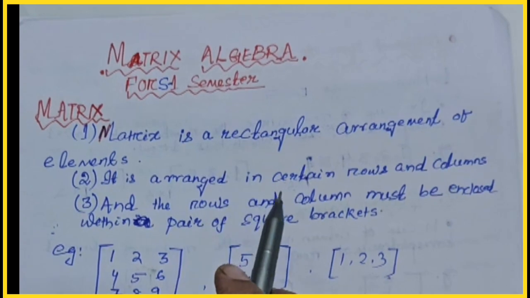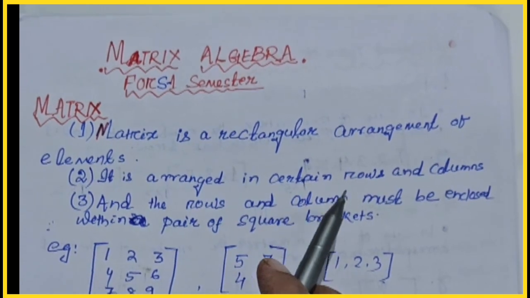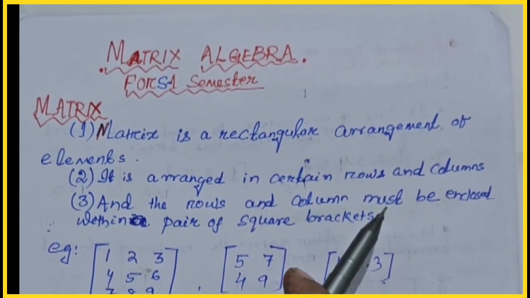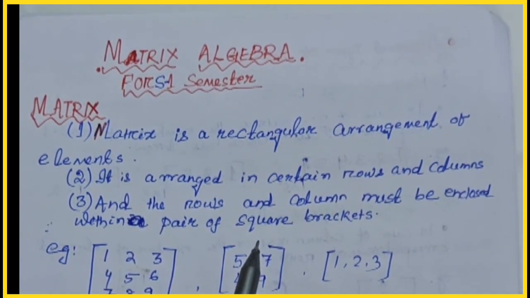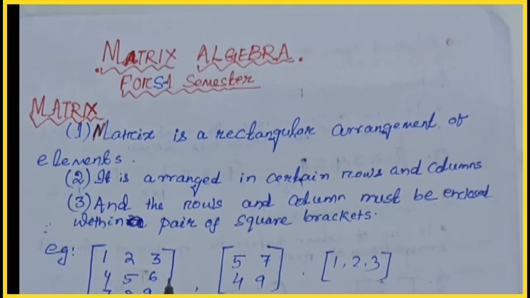It is arranged in certain rows and columns, and the rows and columns must be enclosed within a pair of square brackets.